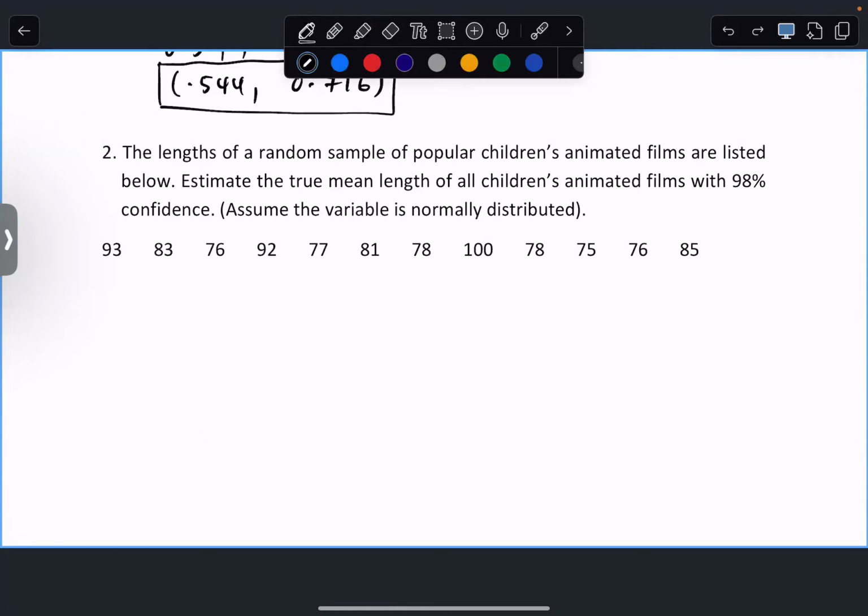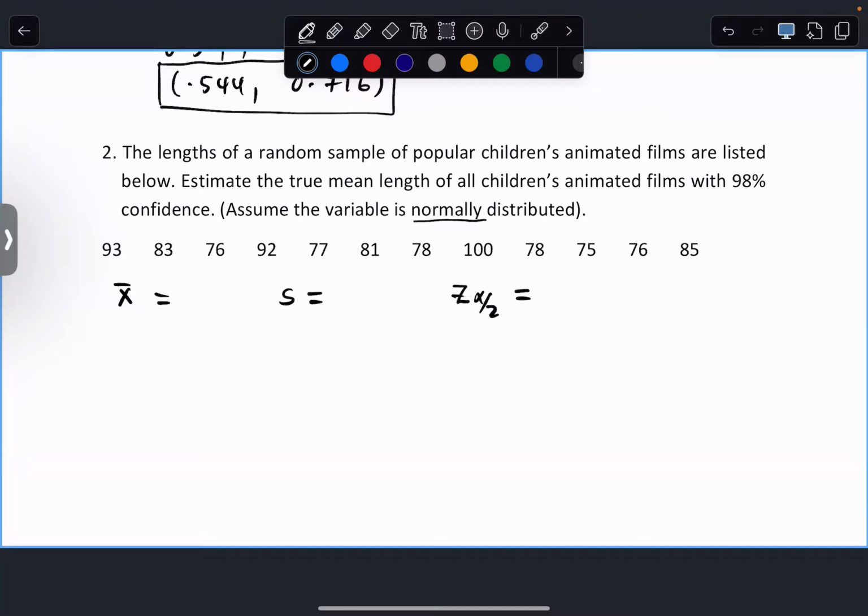So what we need to do is find our X bar, go to your formula and look for what you need to find. You need to find your X bar and your sample standard deviation, S, and you use that. So we can find our Z alpha on 2 because it said we assume it is normally distributed.